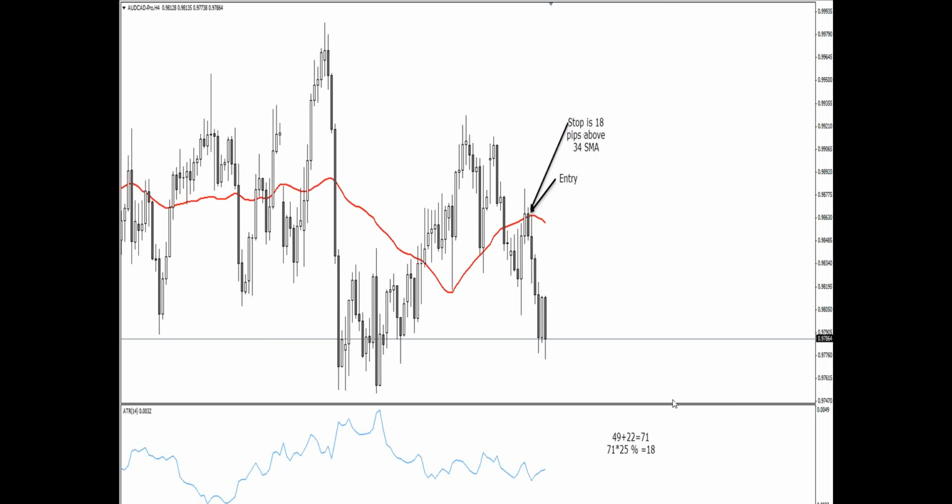So it's an 18 pip stop loss plus the spread. Let's say that ODCAT has a 3 pip spread, so the stop is 18 pips above the 34 SMA plus 3 pips, so the total is 21 pips from the entry. And usually your aggressive stop will be something around 20 to 25 pips. That's good. And that is why you should not take anything below 20 pips. Okay? That is your entry.